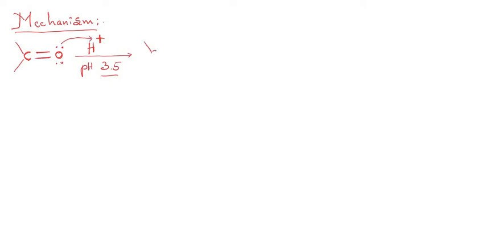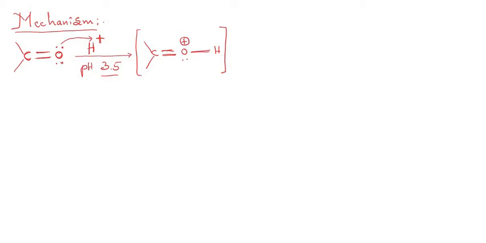So the next intermediate is C double bond O with a positive charge on this oxygen atom, one remaining lone pair of electrons, and then H. Now this intermediate is called a protonated carbonyl compound. But oxygen valency is actually 2, so O is divalent, but here there are 3 bonds linked with this oxygen.